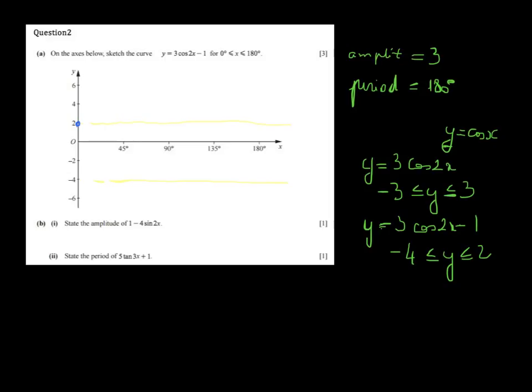So I need to end up here. The minimum point will be halfway between, so somewhere here. So my graph will look like this. What's going on with my pen?